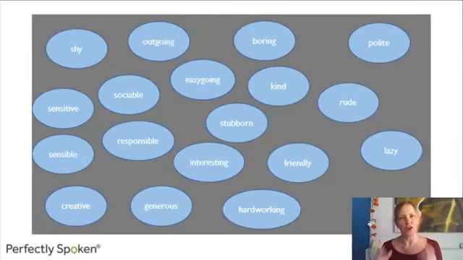Okay, and the next one is, let's have a look. Oh, I like this one. We have a lot of people in my family that are this adjective. I don't know if this adjective is positive or negative. Usually it's a little bit negative, okay?